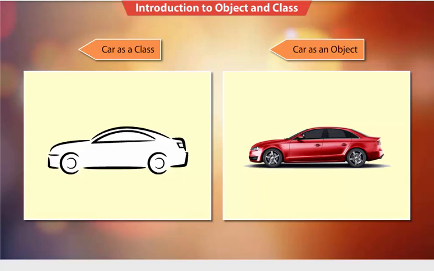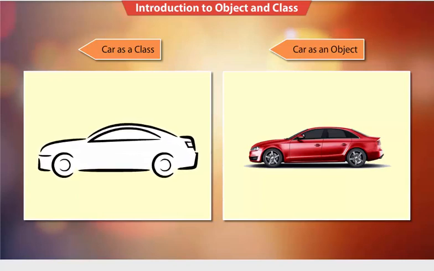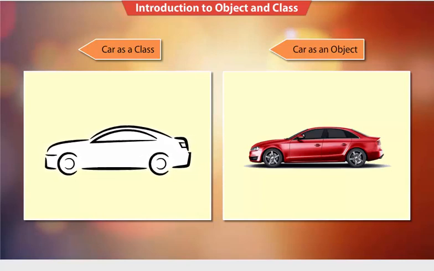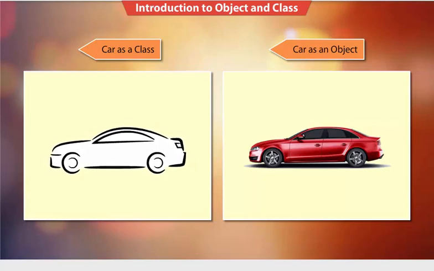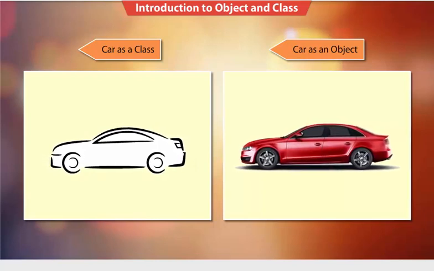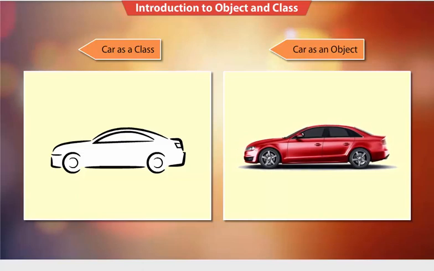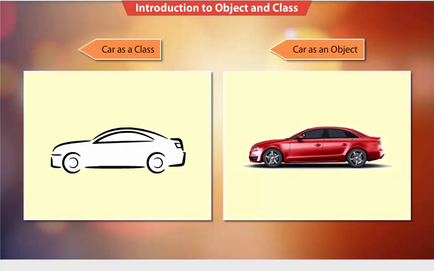The first image shows the car as a class, which represents the schematic diagram of the car. This serves as a blueprint to develop the actual entity. The second image represents the actual entity, that is car, as an object. It has been constructed on the basis of the specifications of car class.